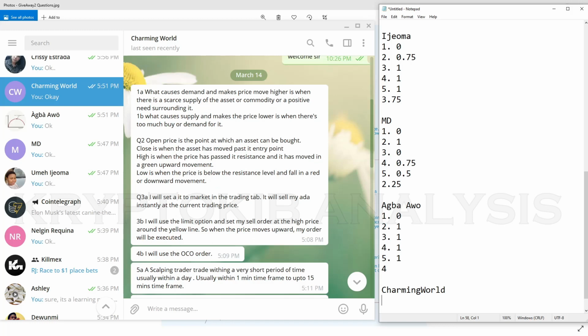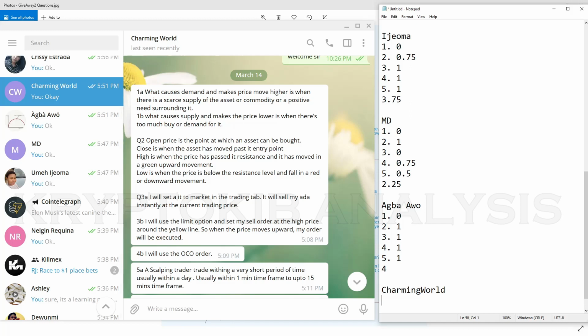Okay. What causes demand and makes price move higher is when there is scarcity, because of supply, the asset or commodity or a positive need. That's correct, but that's not the answer.